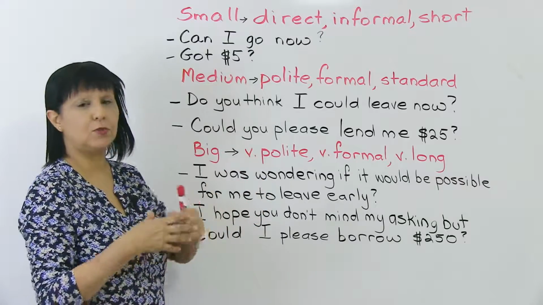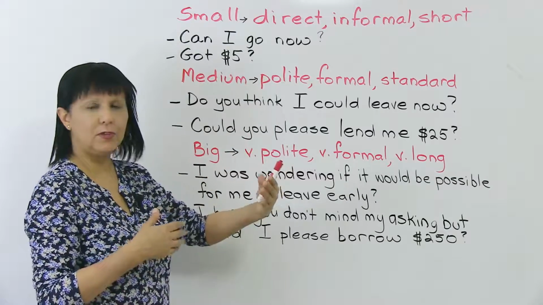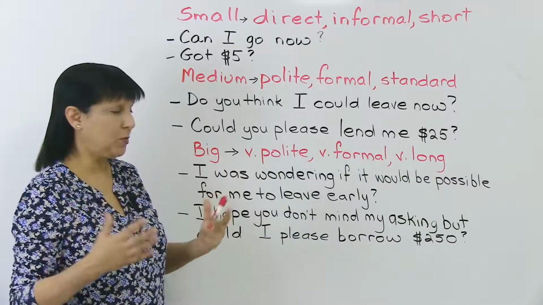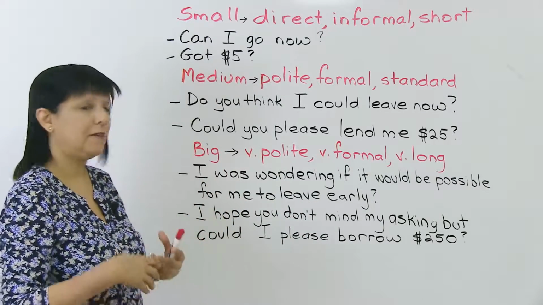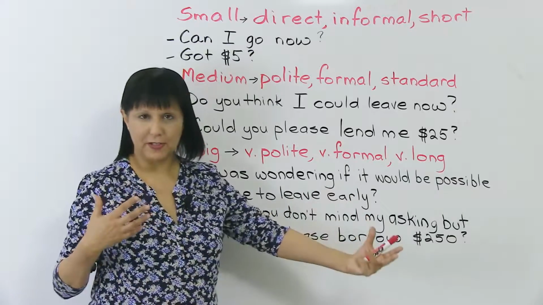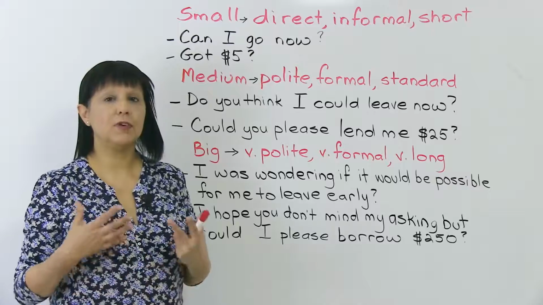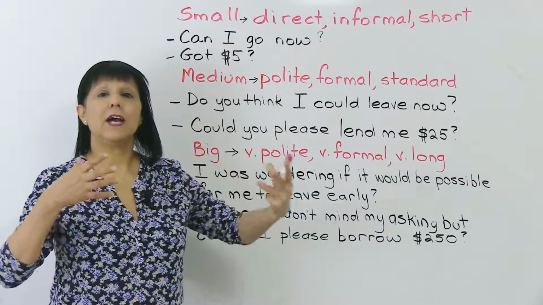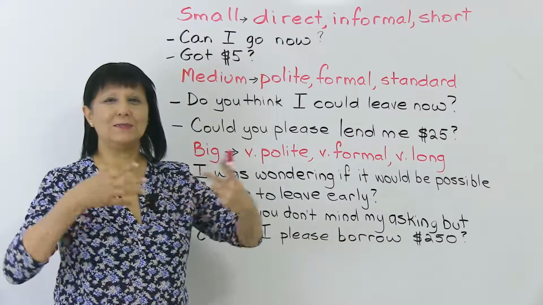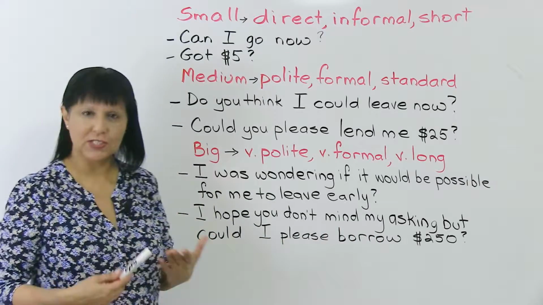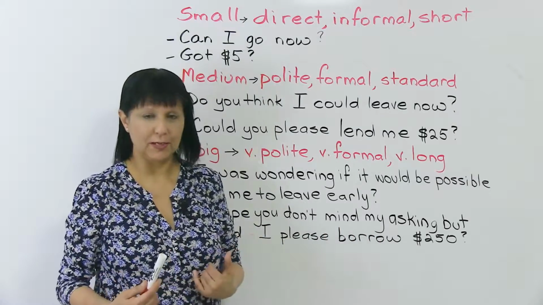The medium request was more polite, formal, and the standard size of a question. And the bigger request was very polite, very formal, and also very long. So what that means is that when you want to ask something more serious, you need to say more words. You need to make it longer, okay?